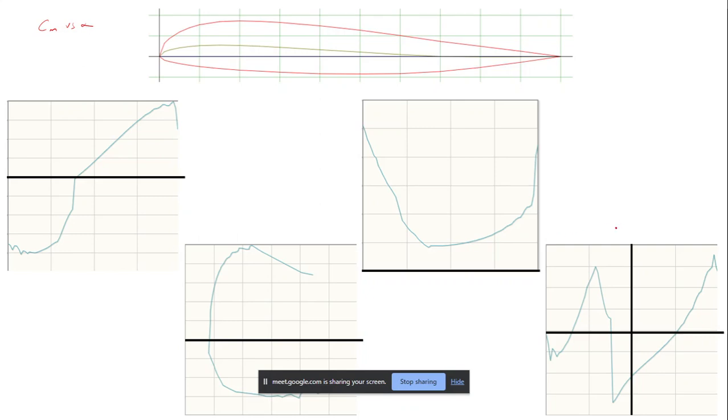Fourth one, yes. So this is the CM versus alpha, where you have a negative CM naught, and if you look at the positive variation of angle of attack, the slope is positive. The curve with a positive slope, so it is not a stable airfoil.